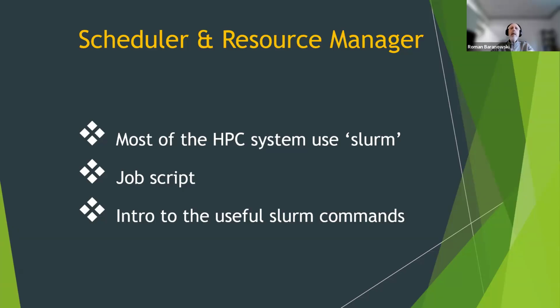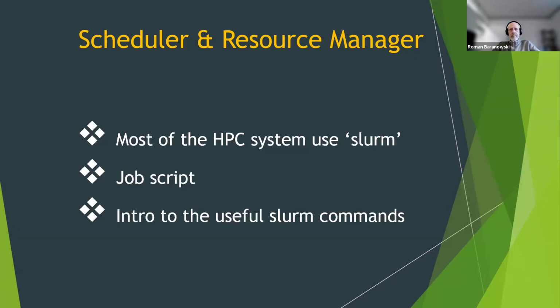Okay, this is a resource manager and a scheduler. Slurm talks to all the nodes, finds the appropriate resources for you, and schedules your computations. And we all basically work with the fair share algorithm.